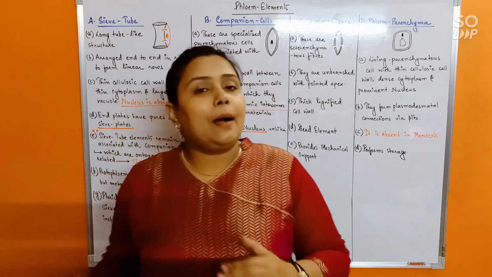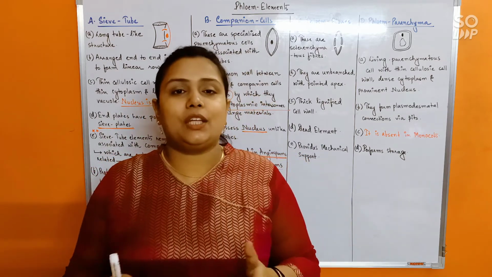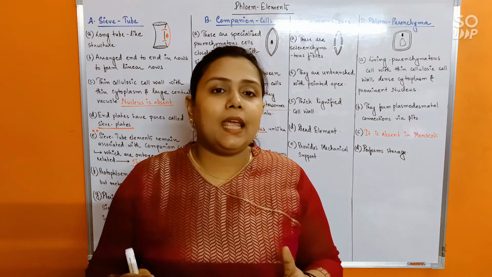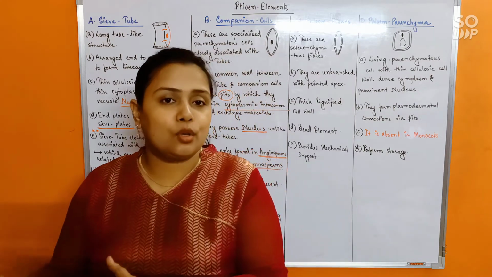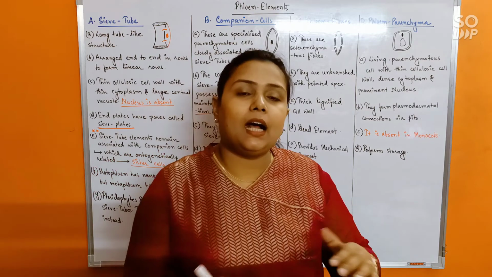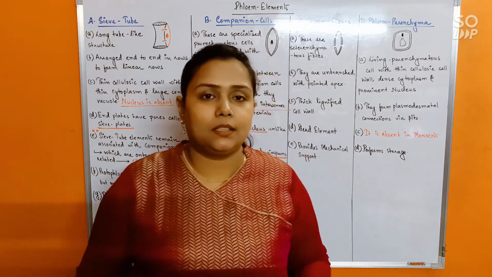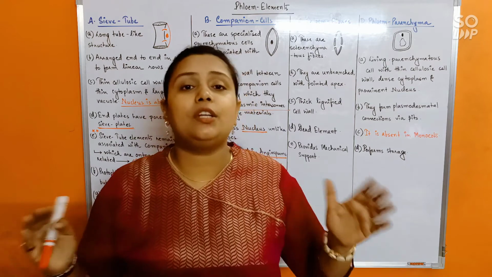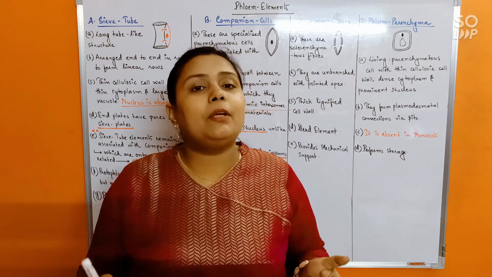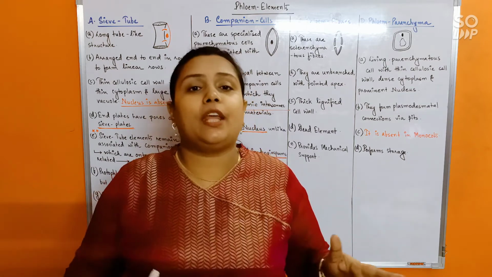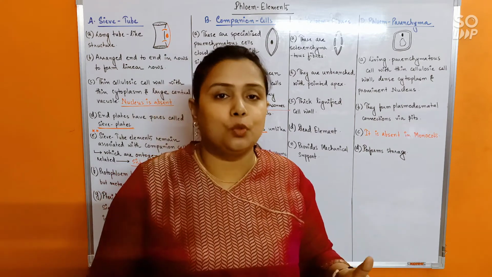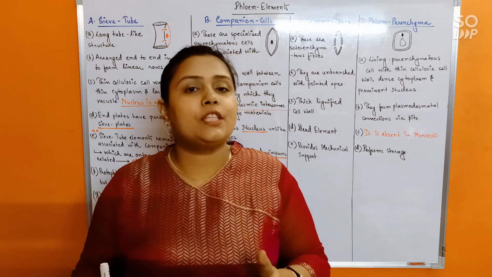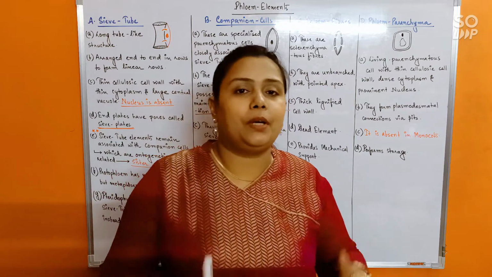Okay, so what the companion cell actually does is maintain a high pressure at the source and a low pressure at the sink. By the help of this pressure gradient, the sieve tube will be able to sense in which direction the substances should move, because substances always move from higher pressure to lower pressure.